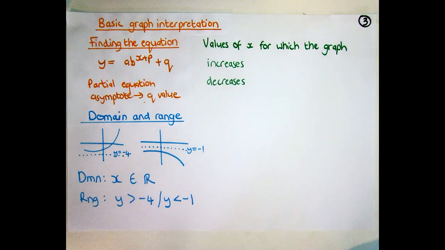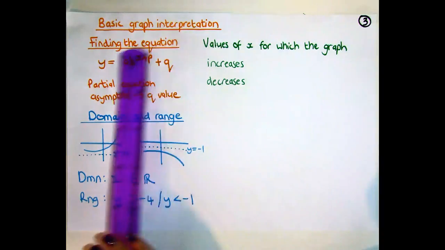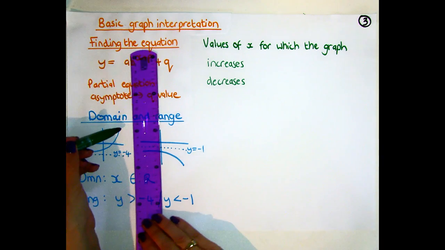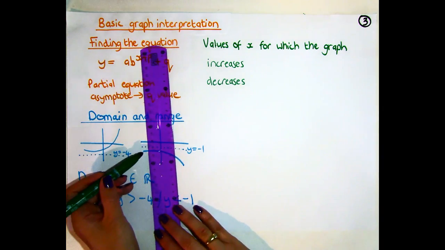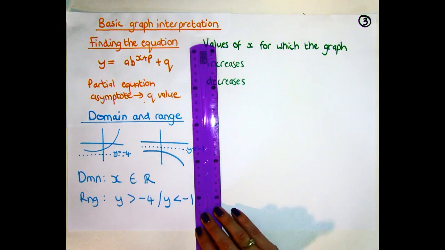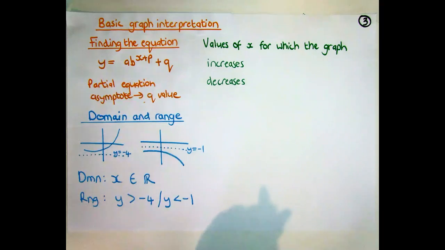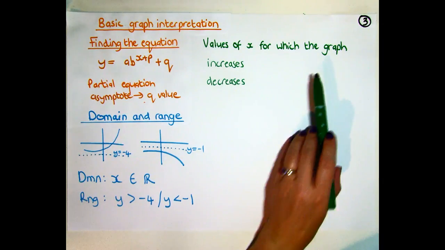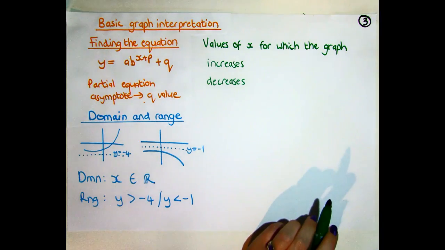For the increasing and decreasing values of x in the graph, you're going to go back to the ruler test. So here you can see that this graph only increases. And for this one, you can see that this graph only decreases as I move the ruler from left to right. That means that these ones will either increase for all values of x or decrease for all values of x.